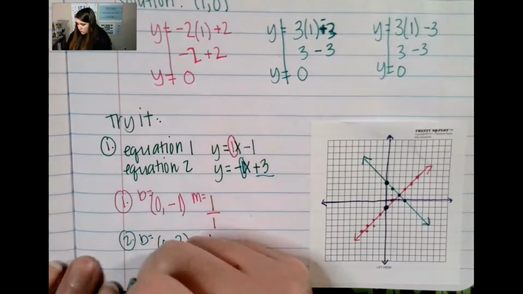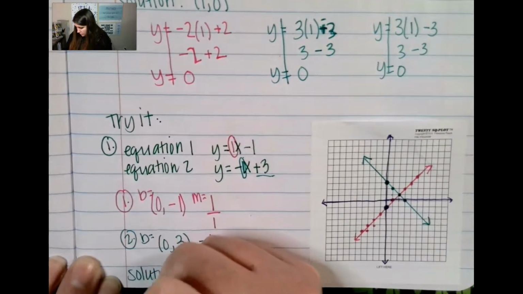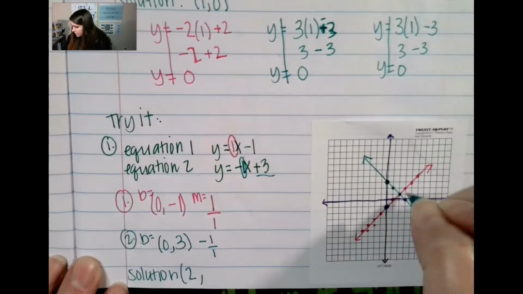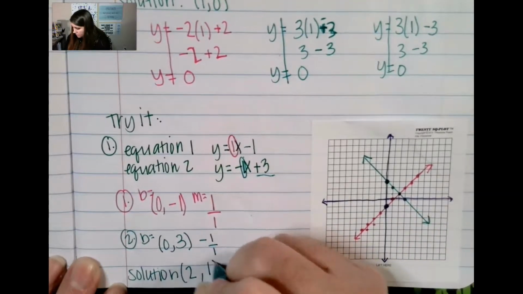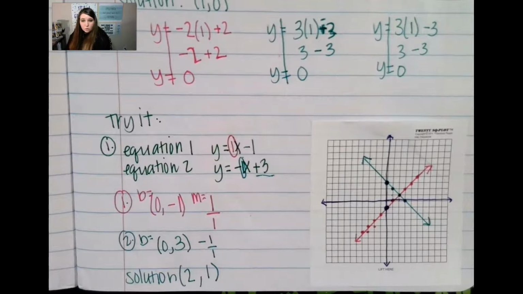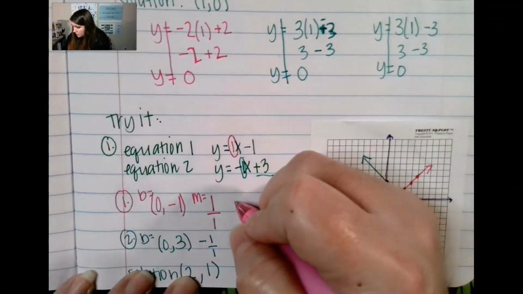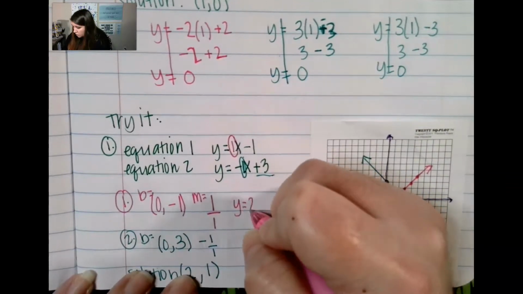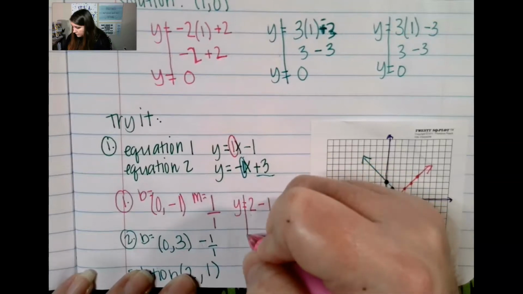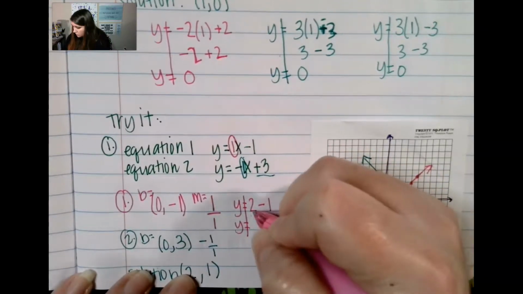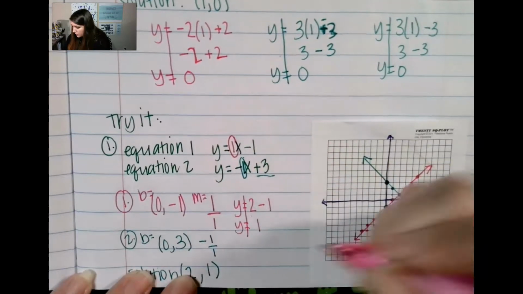So our solution is when x equals 2 and y equals 1. 2, 1. And again, you can check your work and see what happens when we put 2 in here. So if we say y equals 2 minus 1, y equals 2 minus 1 is 1, so y equals 1.